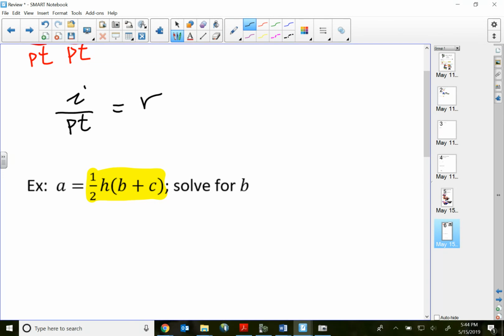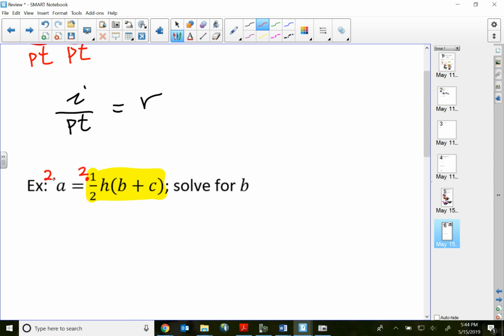A good way to make your way to the variable term here is to get rid of what's outside the parentheses. By learning about clearing the fractions, I want to get rid of the half, so I can multiply both terms by the least common denominator.